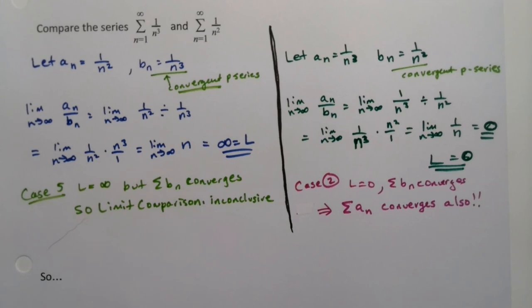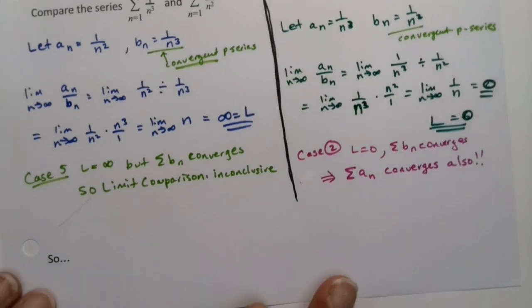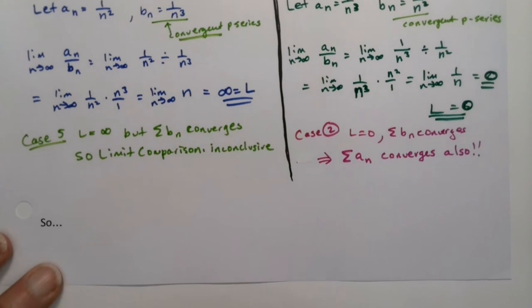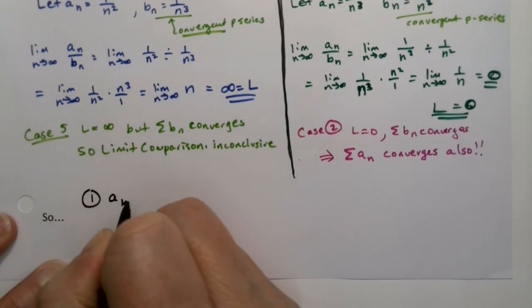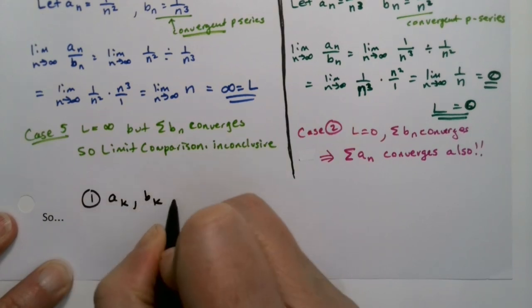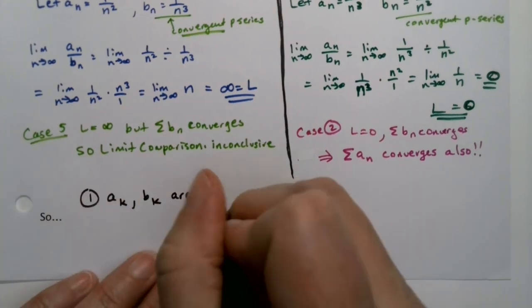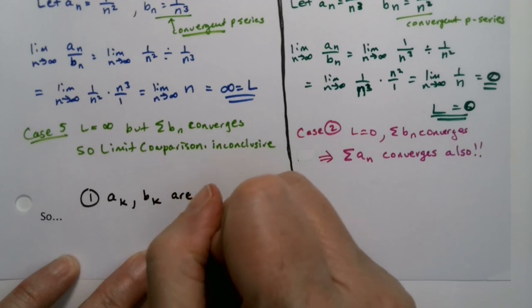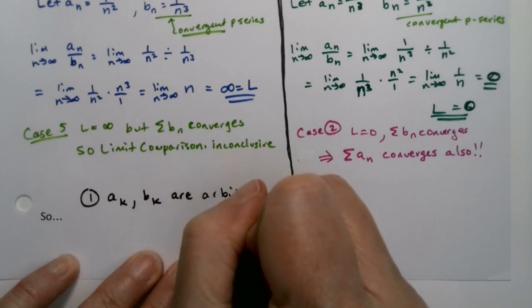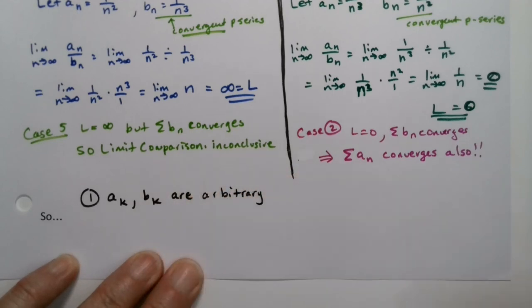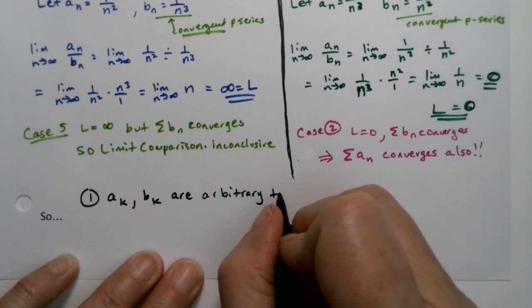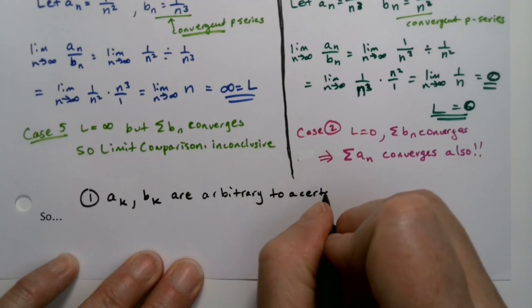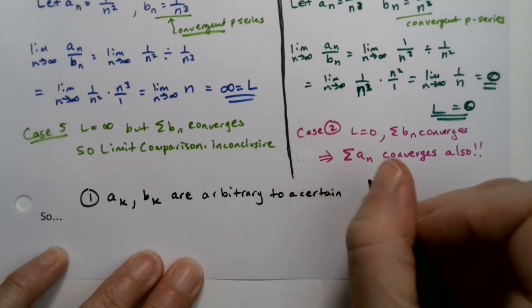All right, so we've learned a couple things here that we want to pay special attention to. Number 1, a sub k and b sub k are arbitrary. So it's possible to flip them, arbitrary to a certain extent. But once you choose them, you have to stick with it for the rest of the problem.